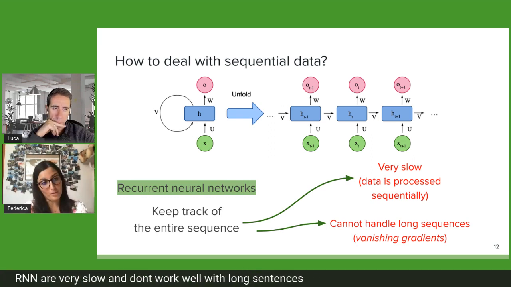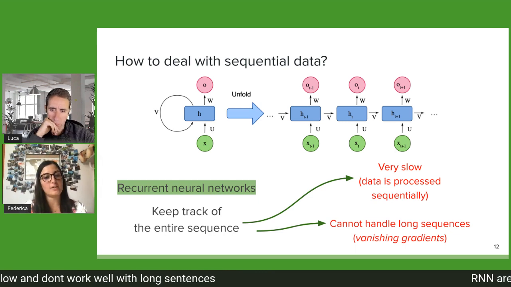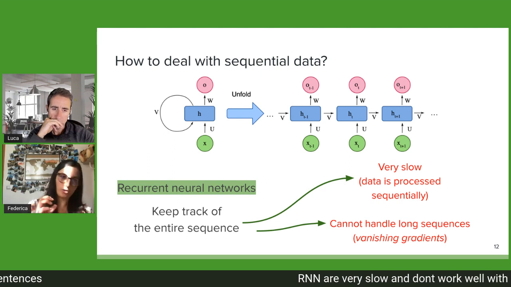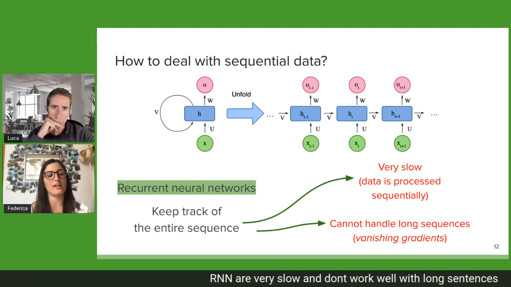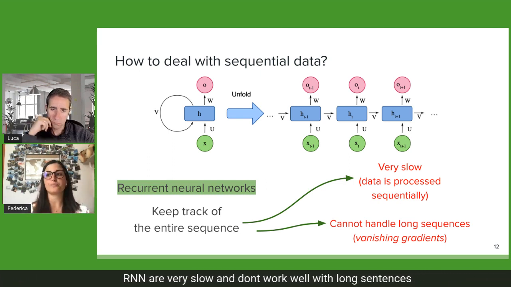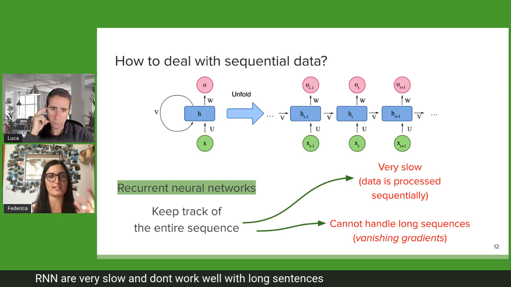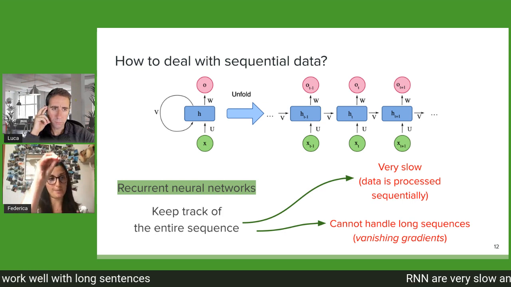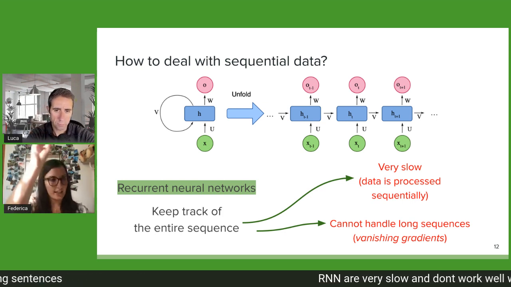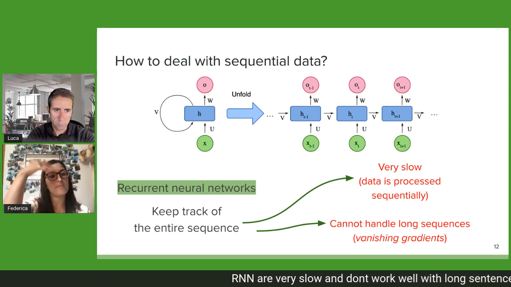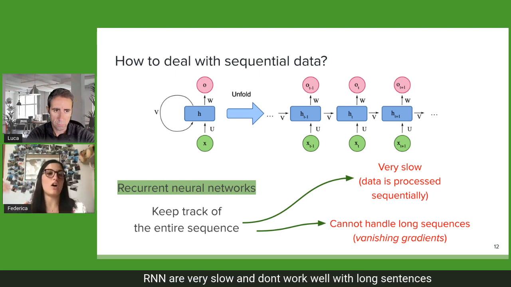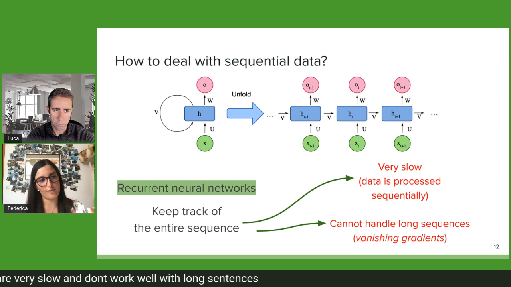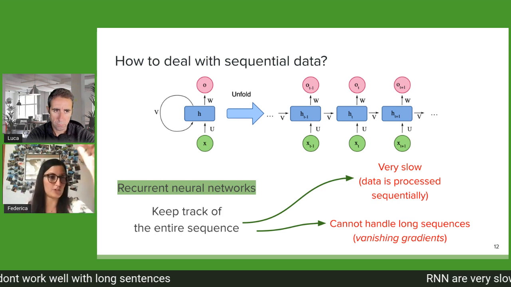And the other problem with RNNs is called vanishing gradients. I will not go too much into the details here, but the problem is that, for instance, let's say in a sentence or in a text, we have a name, Federica, and then we refer to the same person in other sentences at the end of the text, so far away from the first time that the person was cited.